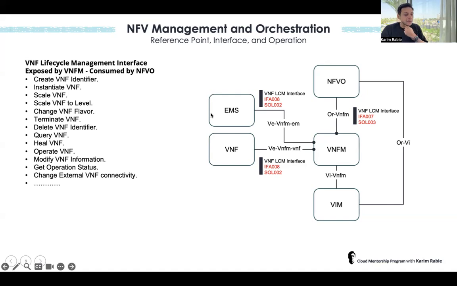Another question from Tamer. I saw that the NFVO is responsible for the end-to-end orchestration only, but it seems it manages similar to the VNFM. The NFVO has a role in 2 things: resource orchestration and network service orchestration.